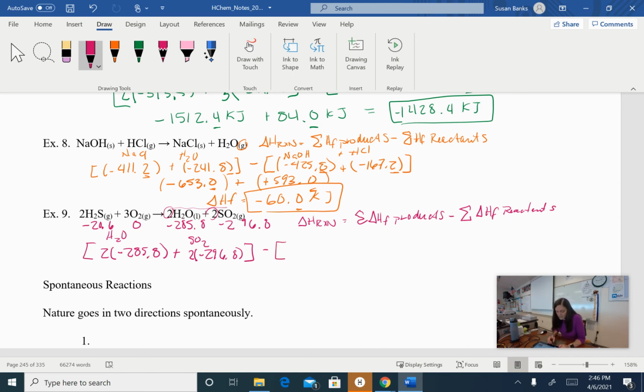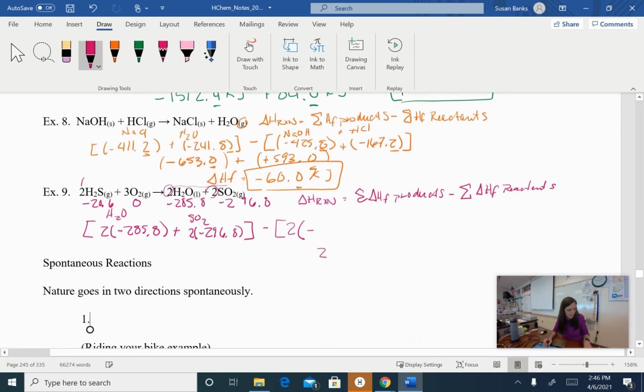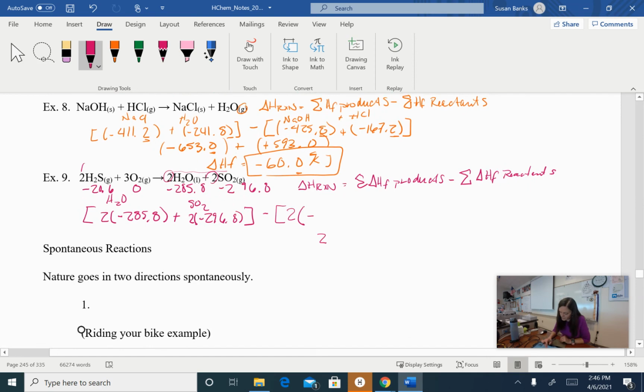So my reactants, I have 2 hydrogen sulfides, so 2 times negative 206, right? Oh, and that just went down on me. So negative 206 point, is that 2?